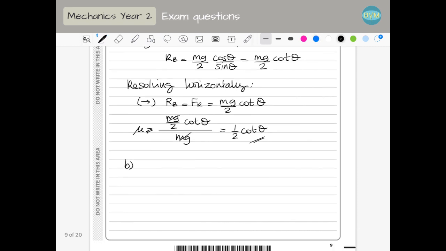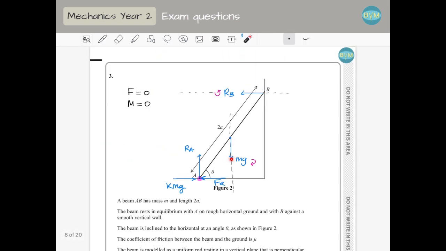For B, if we resolve horizontally, we have that RB pointing left plus the friction pointing left is going to be equal to this kmg. Yeah? Friction, as it is in limiting equilibrium, is going to be mu times normal reaction. Mu is 0.5, and the normal reaction at A is still mg, like it was before, it hasn't changed, yeah?